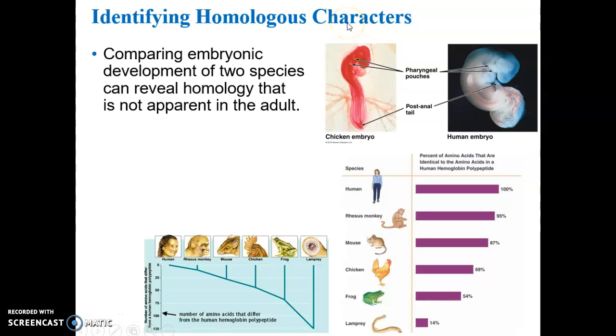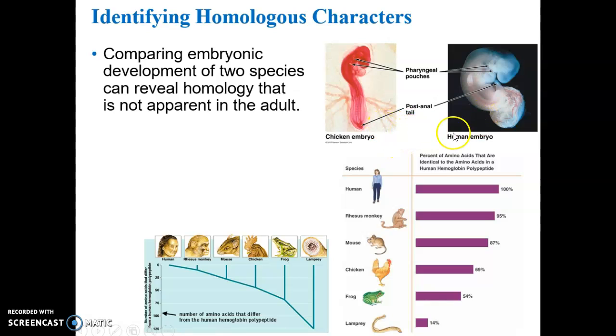Okay, so we talked about comparing embryological development of two species to reveal if homology is apparent or not in the adult. A chicken and a human were both vertebrates. We have certain similar homologous structures, especially embryologic structures, and some are lost in the adult and become other things.